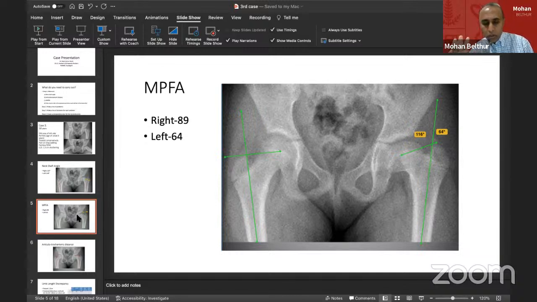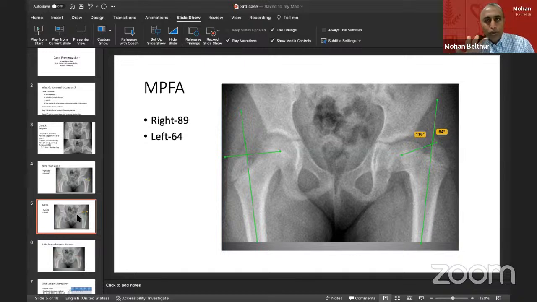So when deciding between Marshall and Wagner, one thing that helps is whether the valgus osteotomy changes the orientation of the femoral head in relation to the acetabulum. You will always end up uncovering it, especially in the presence of already existent acetabular dysplasia.